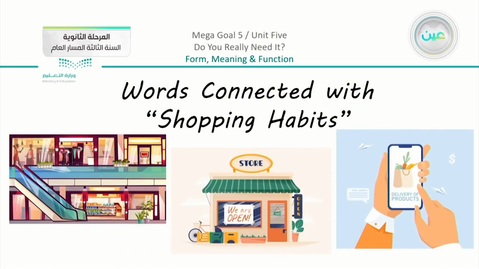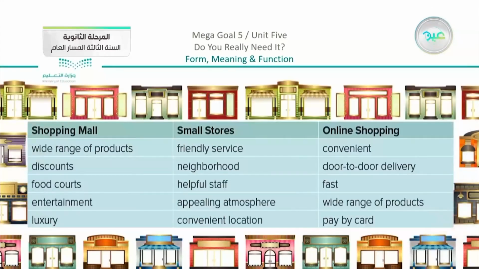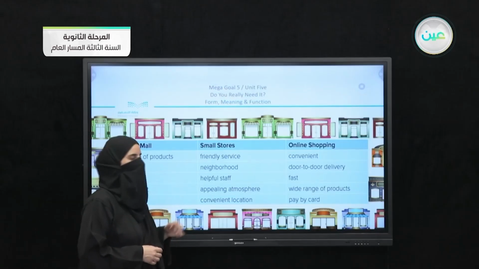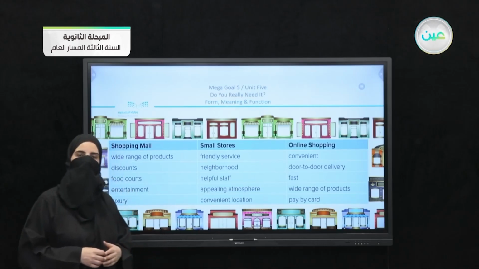We also related it with another topic, which we have basically in Unit 5 about shopping, about advertisements. So we have here words connected with shopping habits. Now we took that there were three types of shopping. We have here the shopping mall and all the words connected. We do have also the small stores and also we have different words.